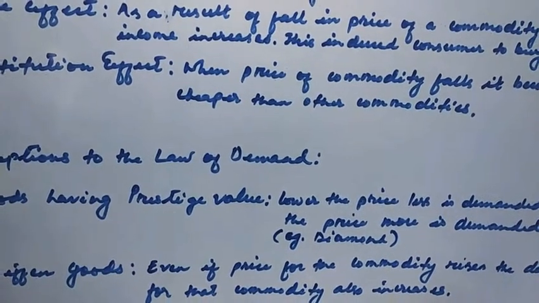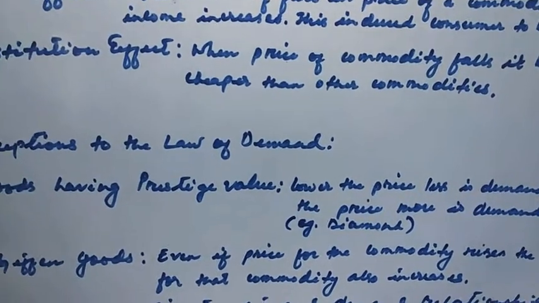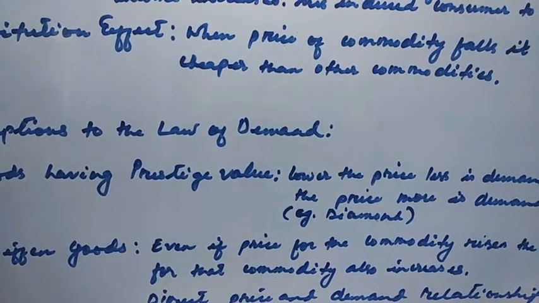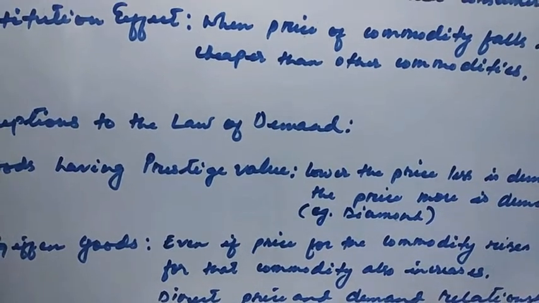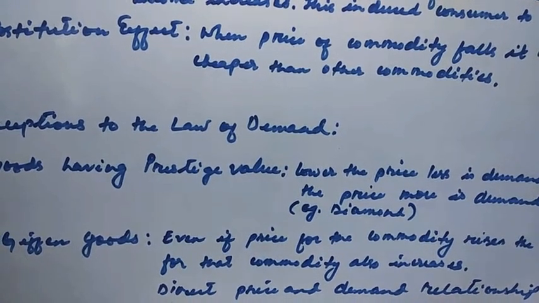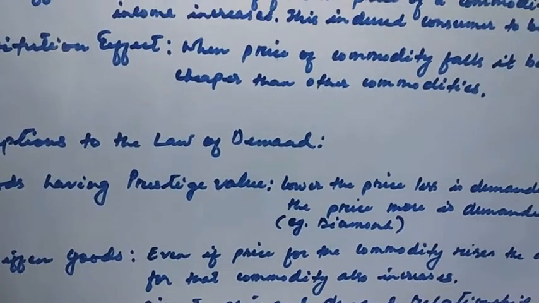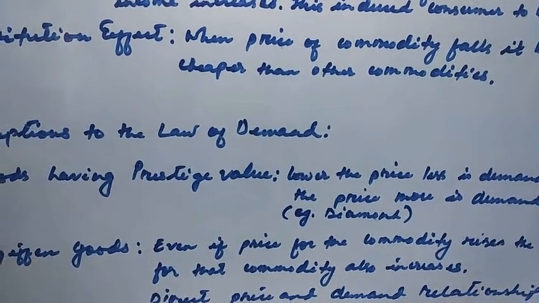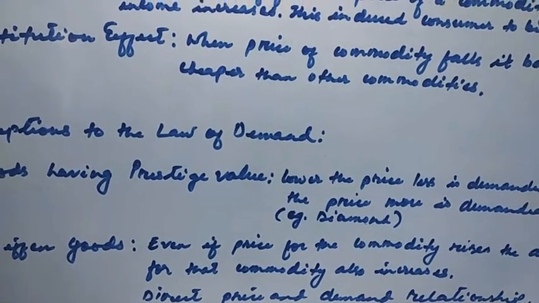According to him, some consumers measure the utility of a commodity entirely by its price, not because of its utility. That is, for them, the greater the price of a commodity, the greater its utility.